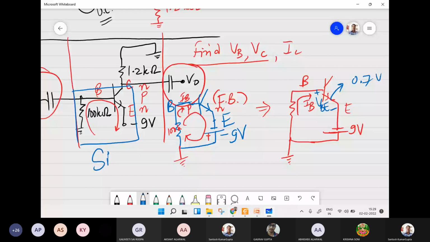If we are given that this is a silicon transistor, then for silicon transistors this is going to be 0.7 volt. And also let us say that the beta of this transistor is required to be known. Let us say that it is 45, for example.